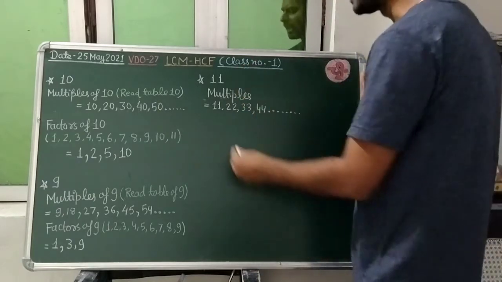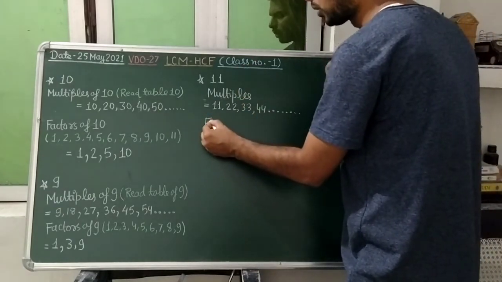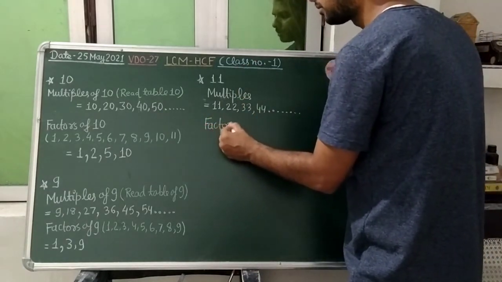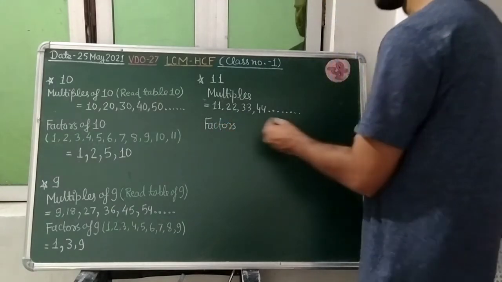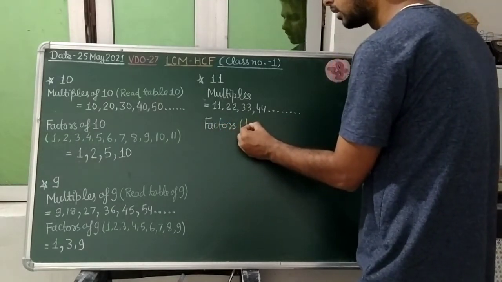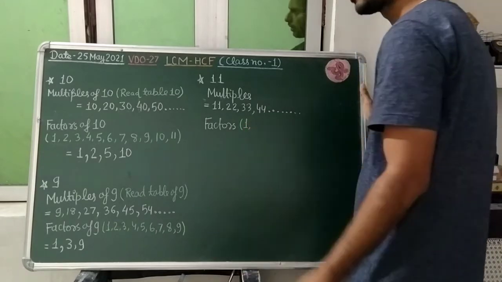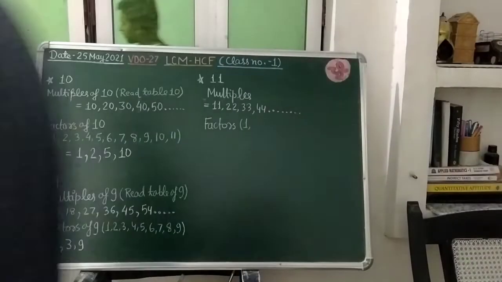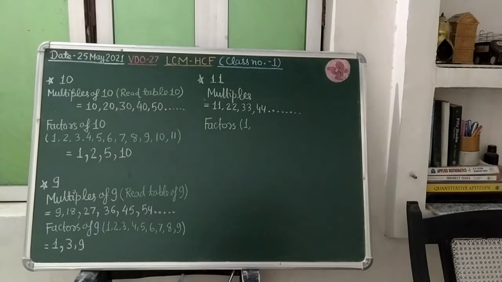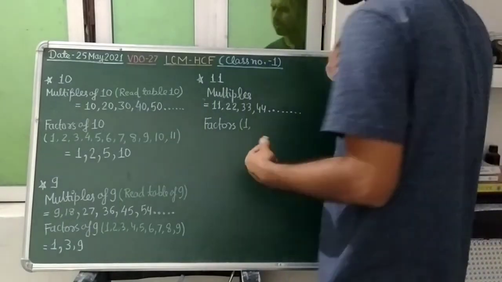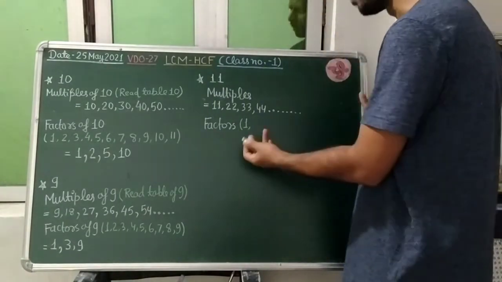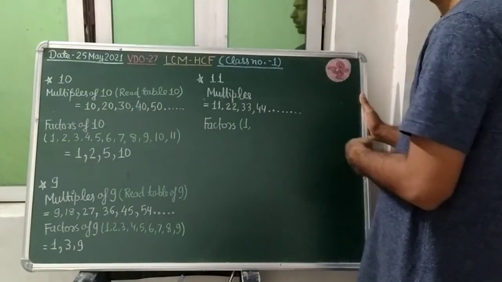And when are we writing the factors, students? I have told you to write the factors. You shall start from 1 and move up to 11.